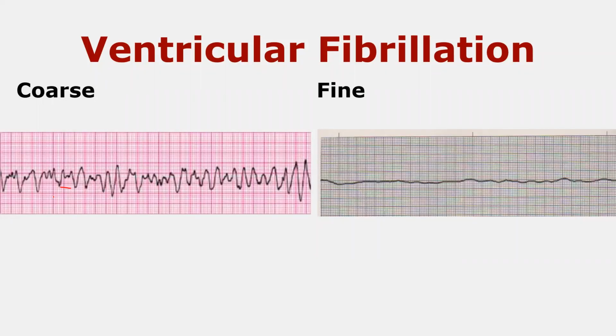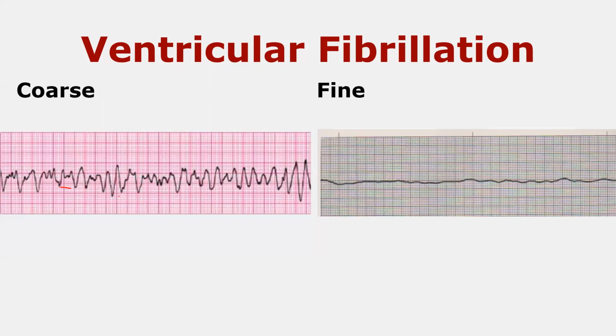But if you see a patient who arrested right away and connected them to the monitor, it's most likely that you are going to be seeing a coarse ventricular fibrillation. Okay, so whenever you have a patient with ventricular fibrillation, you hope that there's going to be a coarse ventricular fibrillation.